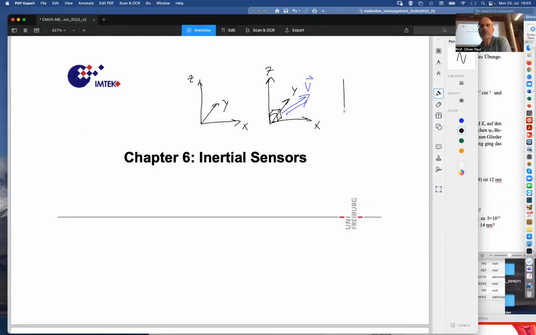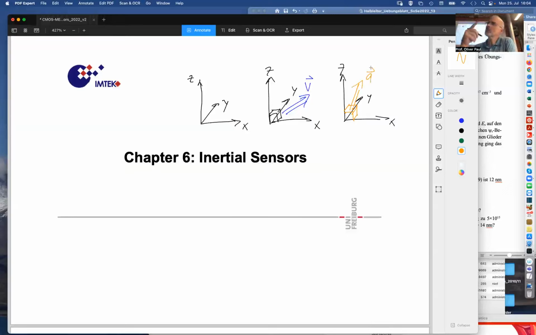However, it's possible to detect an acceleration with respect to one of those steadily moving coordinate systems. A third coordinate system might be accelerating. So let me draw this little object here, and this object is now accelerating with acceleration a, and that one is able to detect.